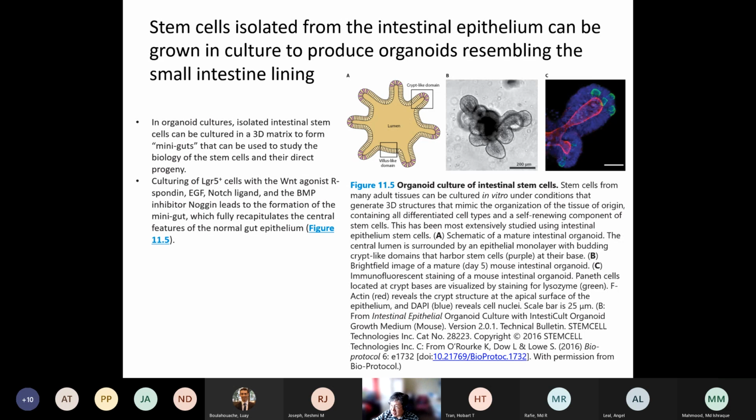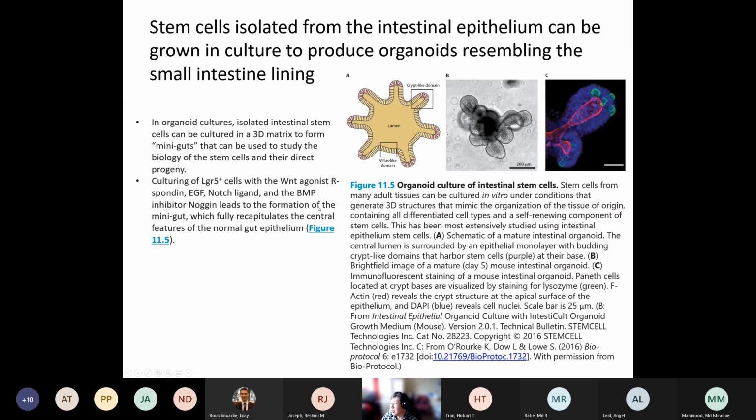So basically, he put the isolated stem cells into culture, and with defined conditions, he was able to make a small organoid like the structure present in vivo.